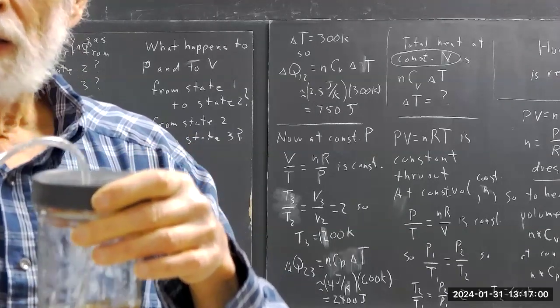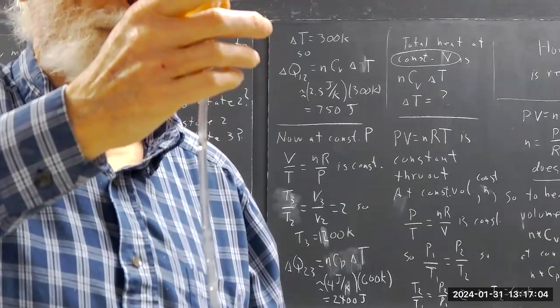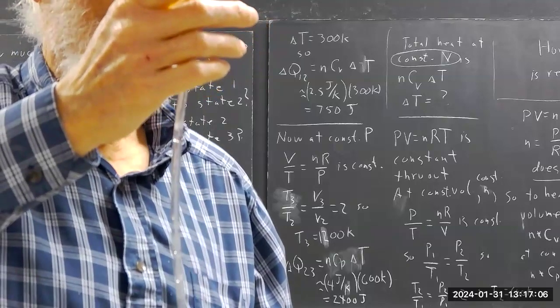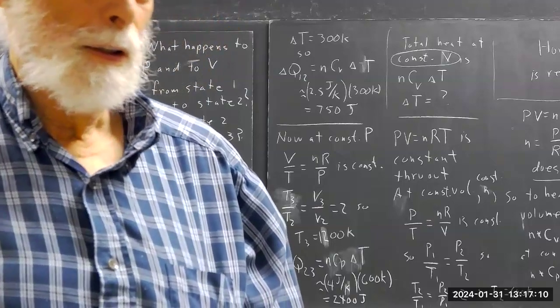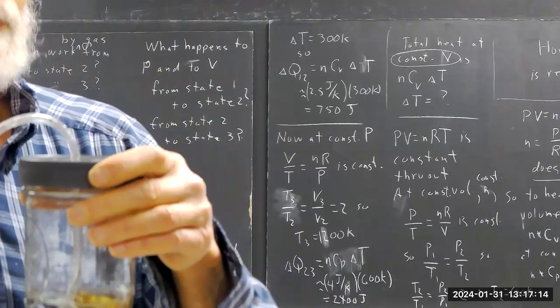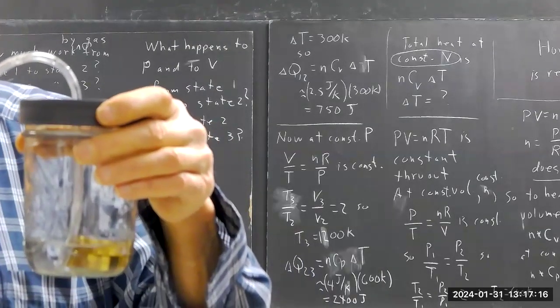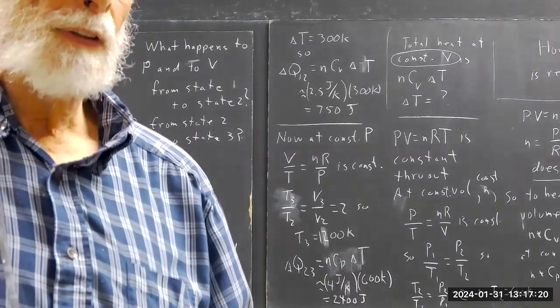Yes, it does take a little work to get the water up the tube, but to the extent that it's a thin tube, we can regard that as negligible. If you're actually engineering a system, you're going to want to take that into consideration if you need that much precision, so you easily can. It's just a minor complication. Right now we're just going to assume the tube has insignificant volume.